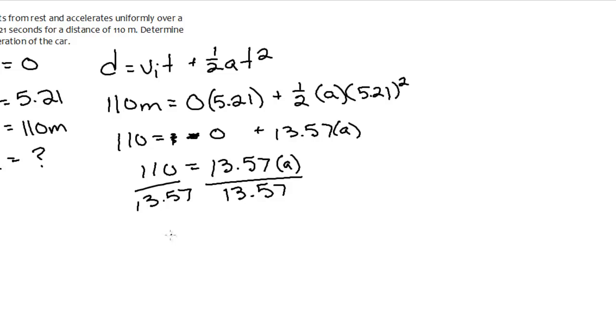And in the end, I'm going to get A is equal to 110 divided by 13.57, which is 8.1. This is an acceleration, so that's meters per second squared.